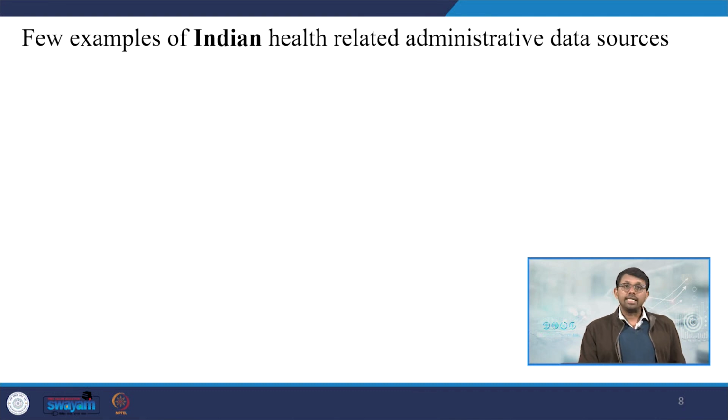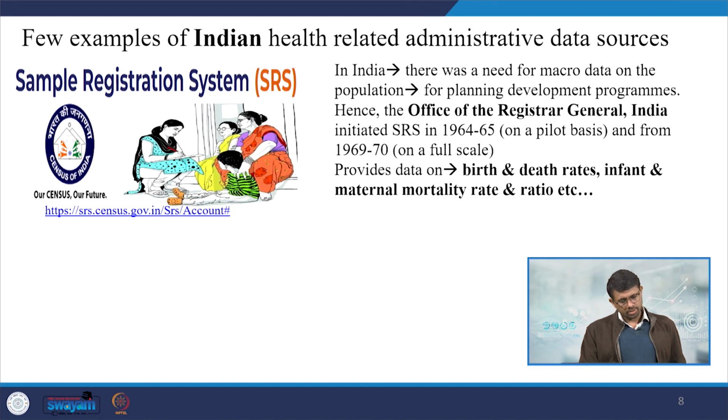For examples of Indian health related administrative data sources, we usually refer to the Sample Registration System, that is SRS, which was developed long back and has consistently given figures for different following years. In India, there was a need for macro data on population for planning development programs.